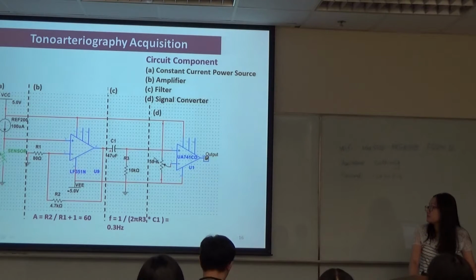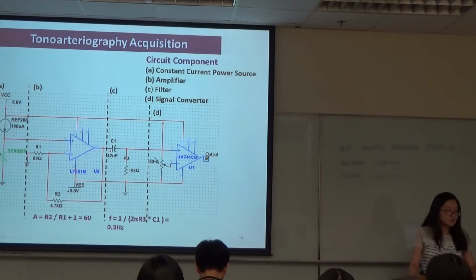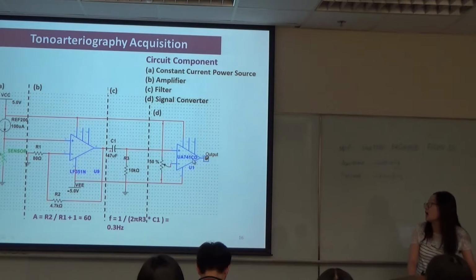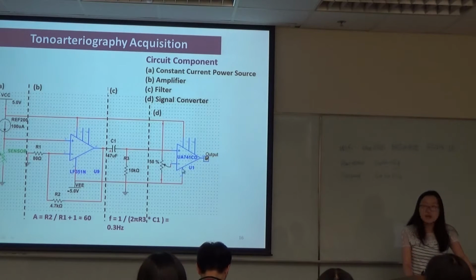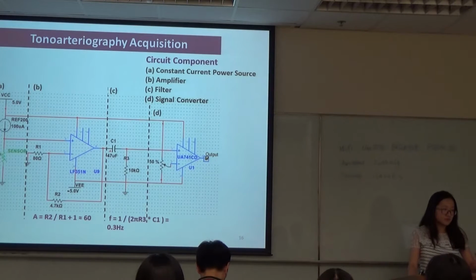If our signal value is lower than our threshold value, it will output high, and otherwise it will output low. So this comparator can also achieve noise immunity.